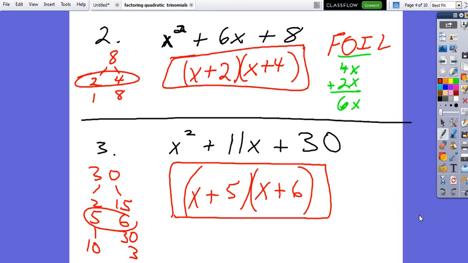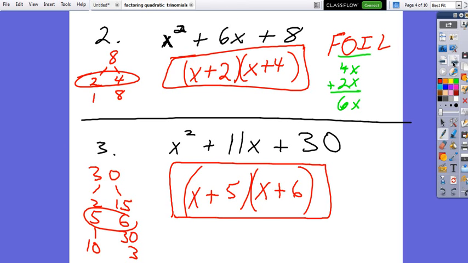That's x and x. Then you look for the factors of 8 that add up to 6. 4 plus 2 is 6. So the factors of 8 that work are 2 and 4. Number 3, same deal. Notice we've got all positives on these. So we've got x and x, and then the factors of 30 that add up to 11 are 5 and 6. Very simple. All right, let's look at another set of problems.